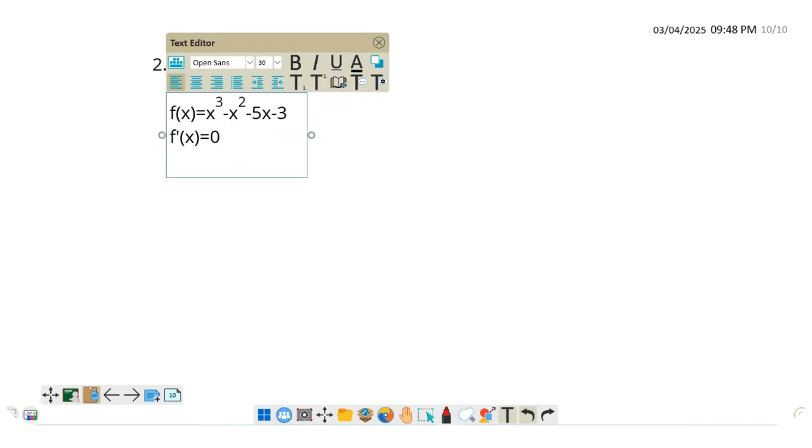Then we have the derivative of f(x) equals 3x squared minus 2x minus 5.